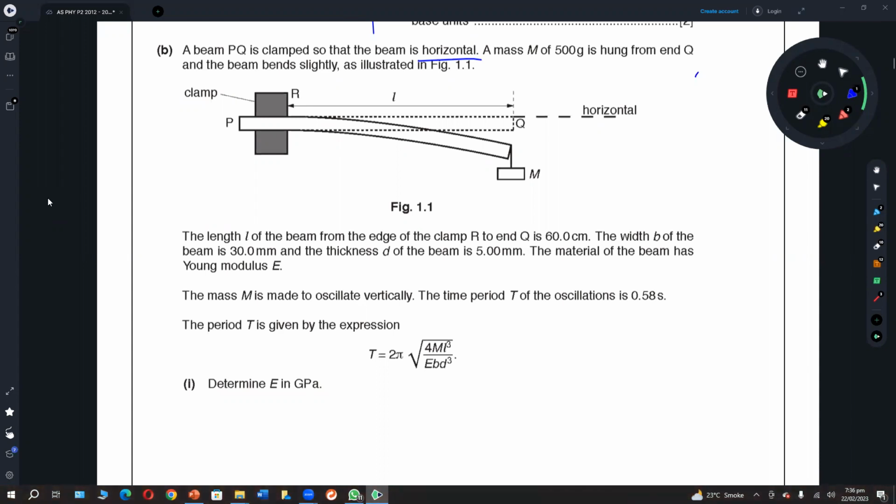The length of the beam from the edge of the clamp R to Q is 60 centimeter. The width B of the beam is 30 millimeter and the thickness of the beam is 5 millimeter. The material of the beam has Young modulus E. The mass M is made to oscillate vertically. Time period of the oscillation is 0.58. The period T is given by the expression.